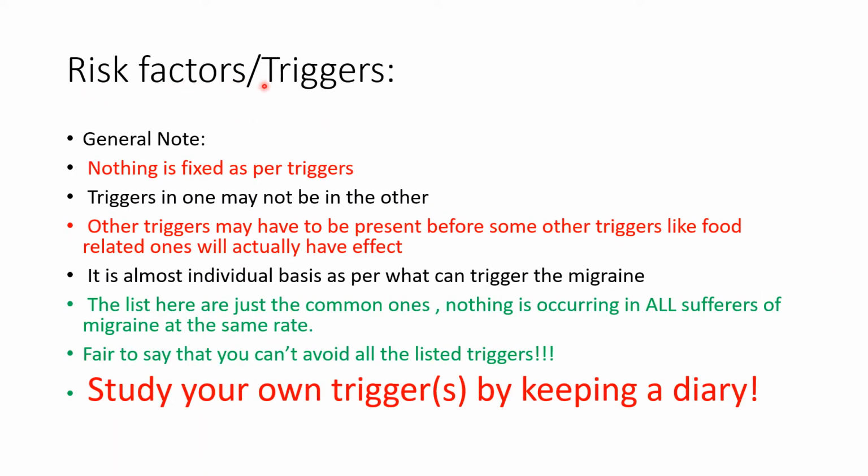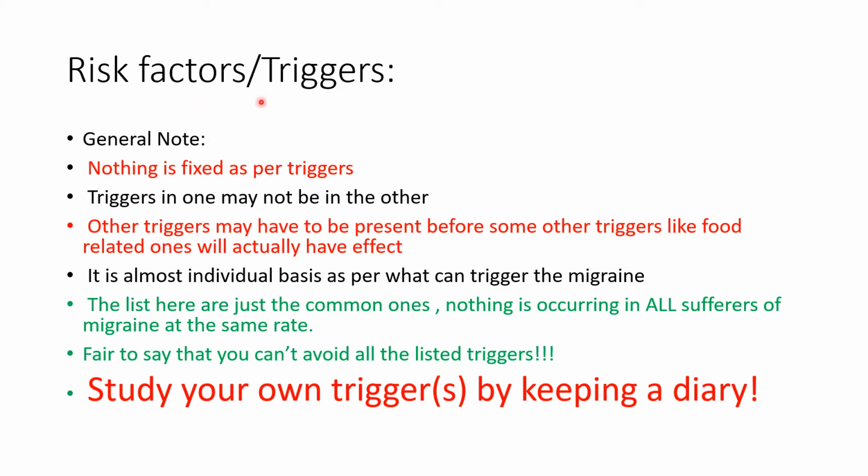Now, risk factors or triggers. Let me give a general note here that risk factors are those factors that can increase the chances of having a disease. Not only in migraine, anywhere. Once you say risk factors, that is what it's all about. Whilst triggers are specific events or items that can set off or spark a process that will lead to signs and symptoms in an individual.